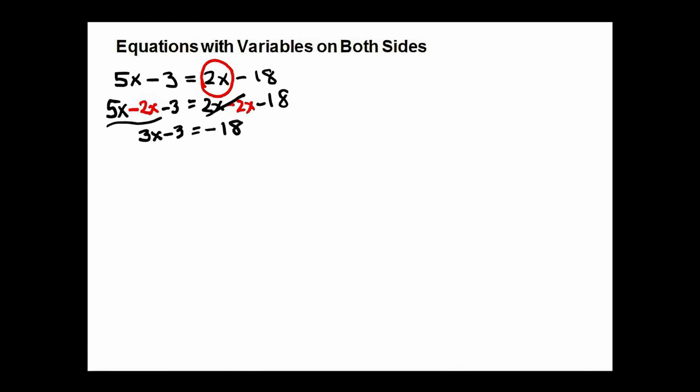And now we have a standard two-step equation. Go on this side with the variable and take off anything added or subtracted. So we're going to take off the minus 3. So we will add a 3 to both sides. Then we'll clean up.